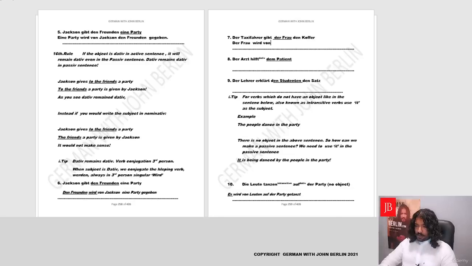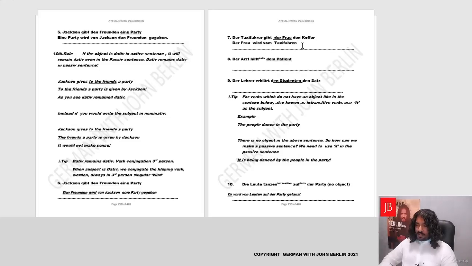Now from whom? Von is dative. From the taxi driver, that's der Taxifahrer. Von, and it will become dem. Dem is masculine, so von dem, or I could write vom, a combination of von and dem. Vom Taxifahrer. So to the lady, the suitcase is being given by the taxi driver.